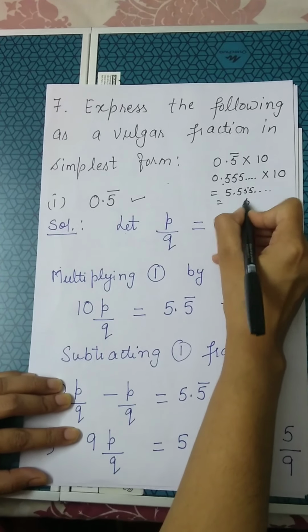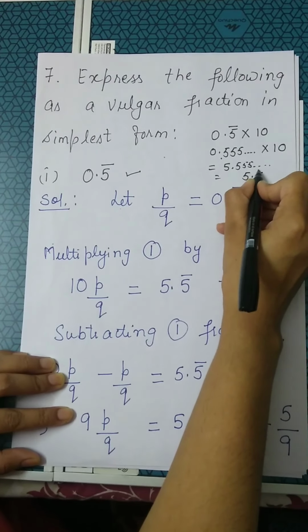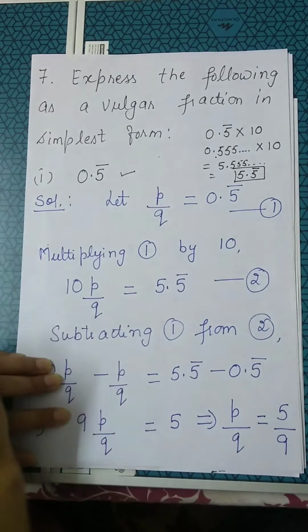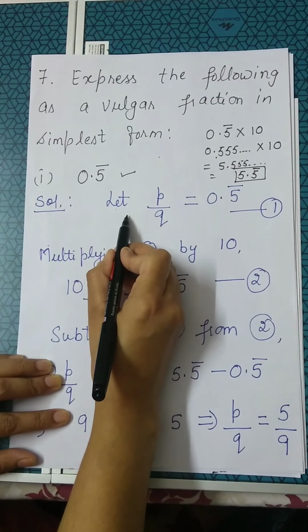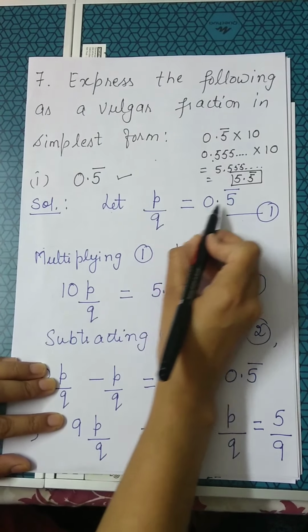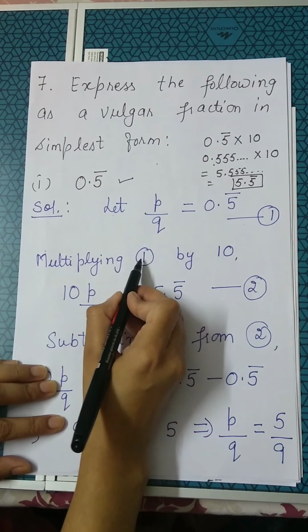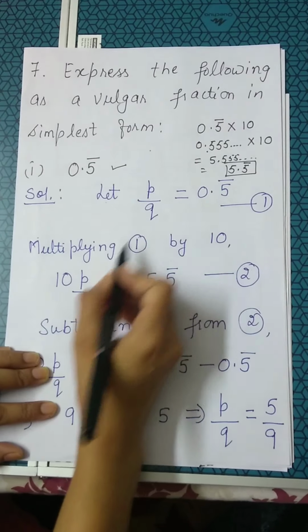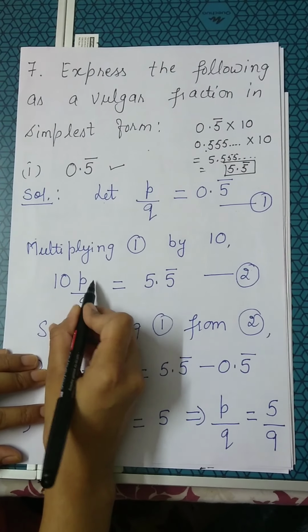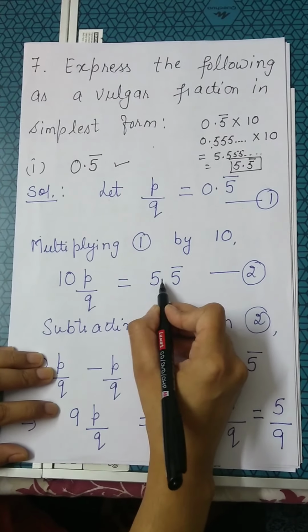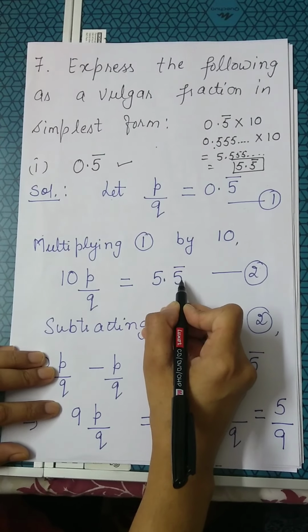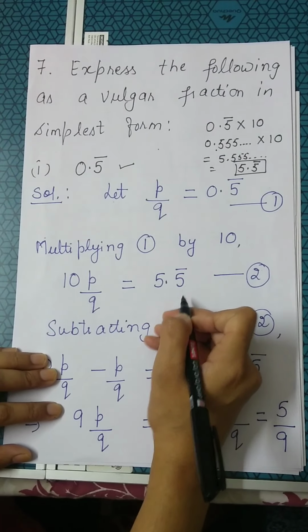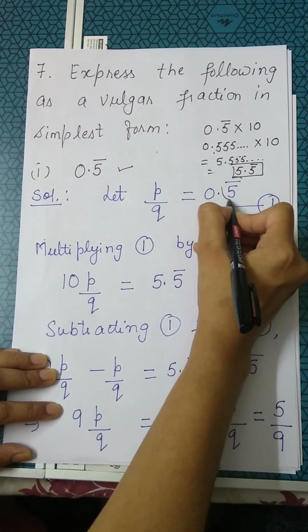That's why after multiplying, I can write this as 5.5 bar. So I've let P over Q equal 0.5 bar, then multiplied by 10. Of course, I'm multiplying the equation, so the left hand side will be 10 P over Q and this will be 5.5 bar.